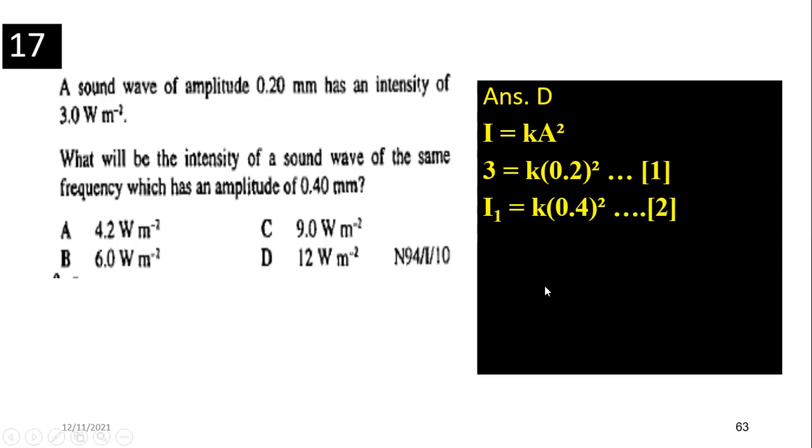Find your K. And from here can calculate your K, or new one, new intensity, that's the amplitude, 0.4. And 2 divided by 1. Right? So you got I1 divided by 3. K and K cancel. So it's 0.4 square divided by 0.2 square. So the answer is 4. Okay, 12 watt meter minus 2.